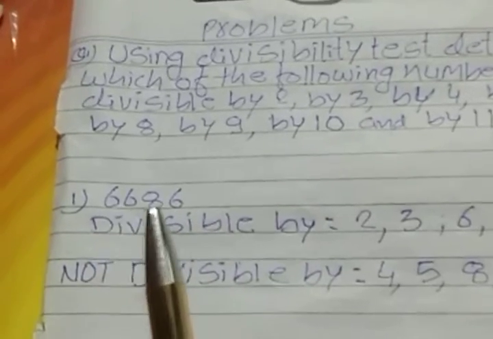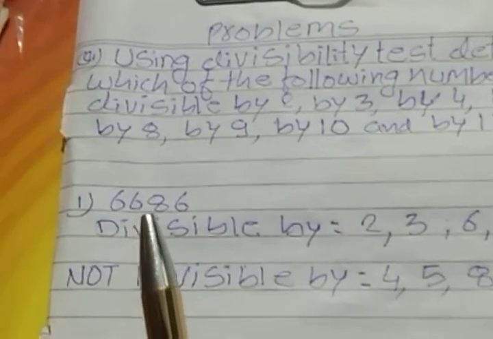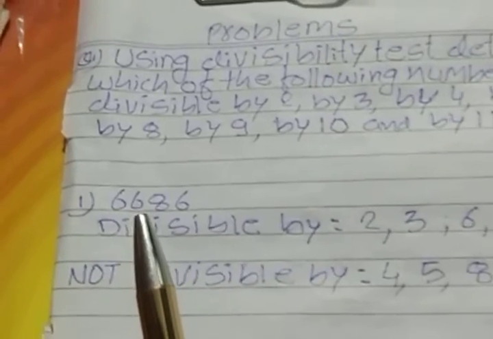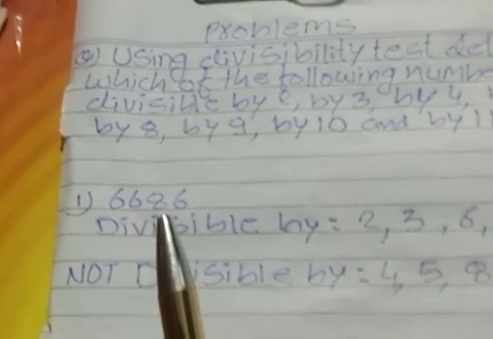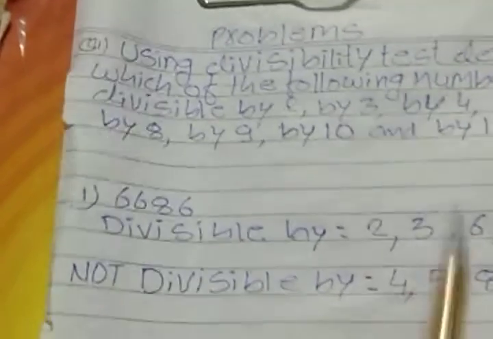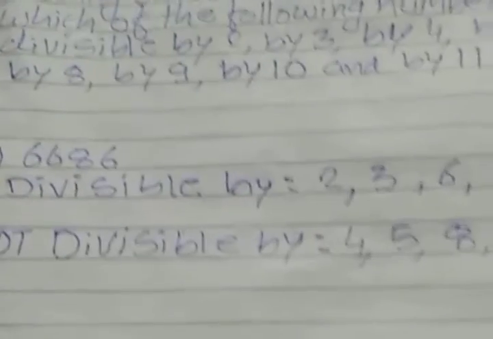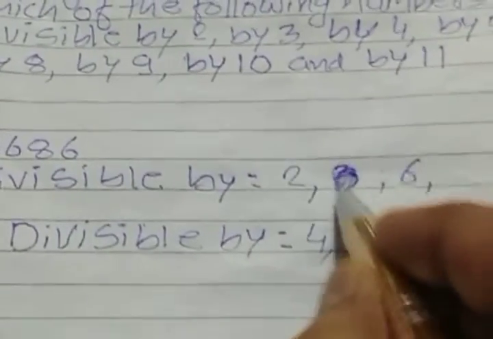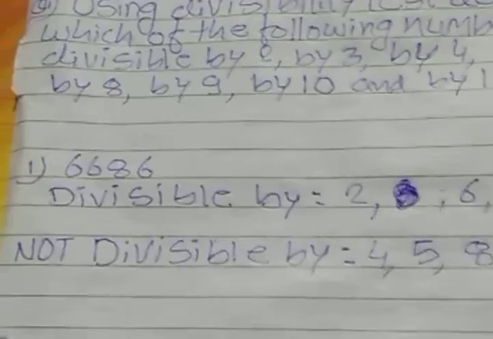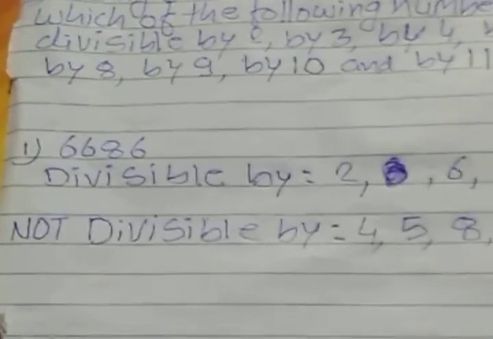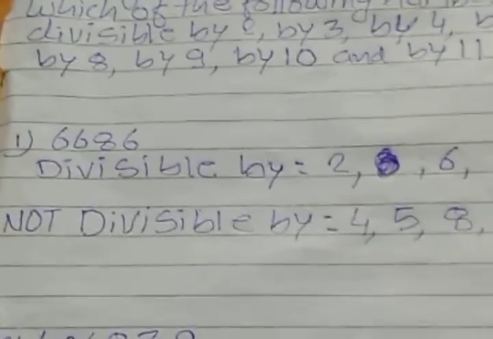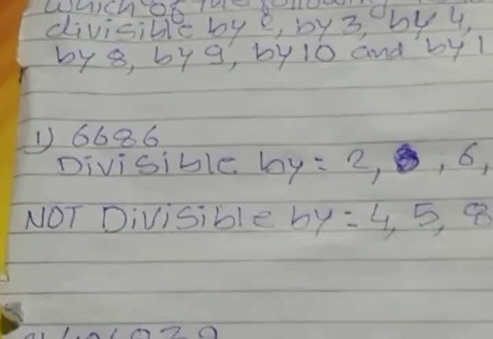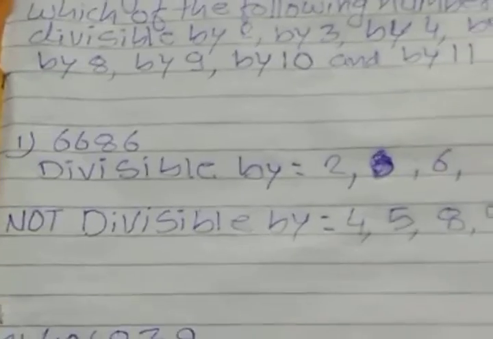So what is the addition of the digits? 6 plus 6, 12. 12 plus 8, 20. 20 plus 6, 26. So 26 is not in the table of 3. So this number is not going to be divisible by 3. Next, according to the divisibility test of 4.